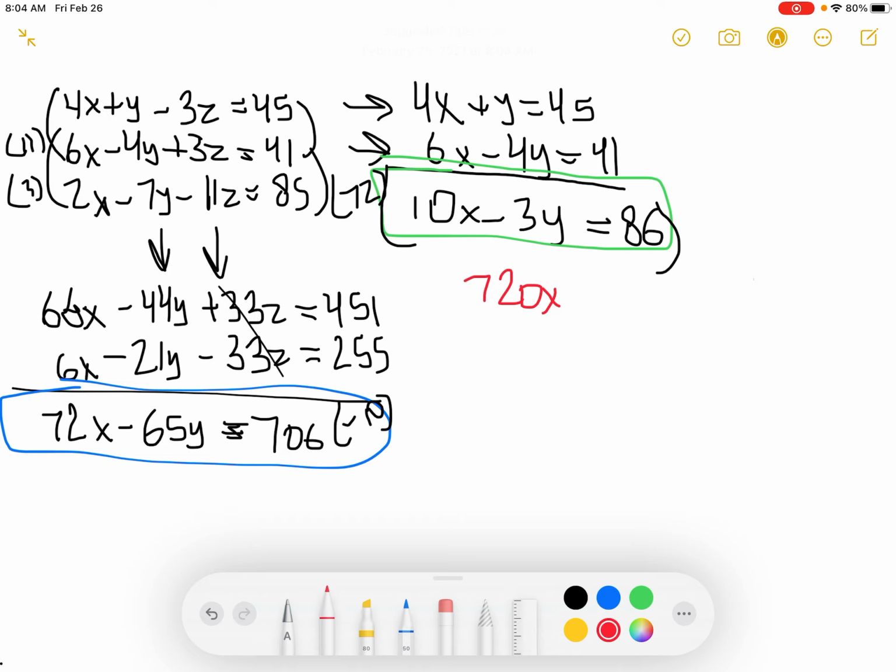Oh, yeah, never mind. I got it now. So then we would have minus 216y equals 72 times 86. Here's where we get the big numbers. 6,192.